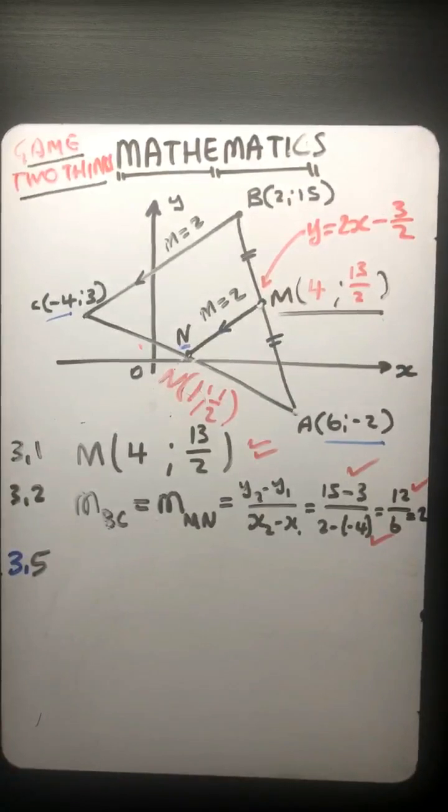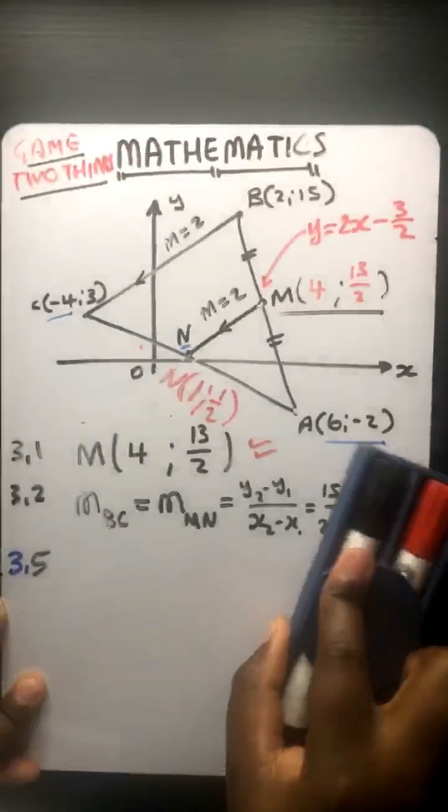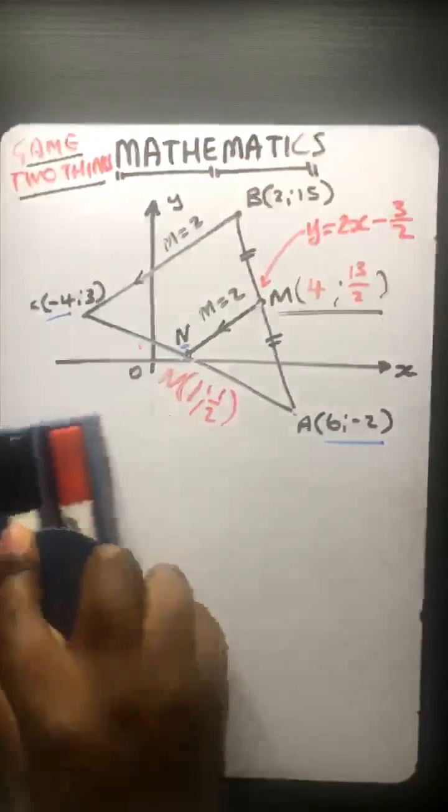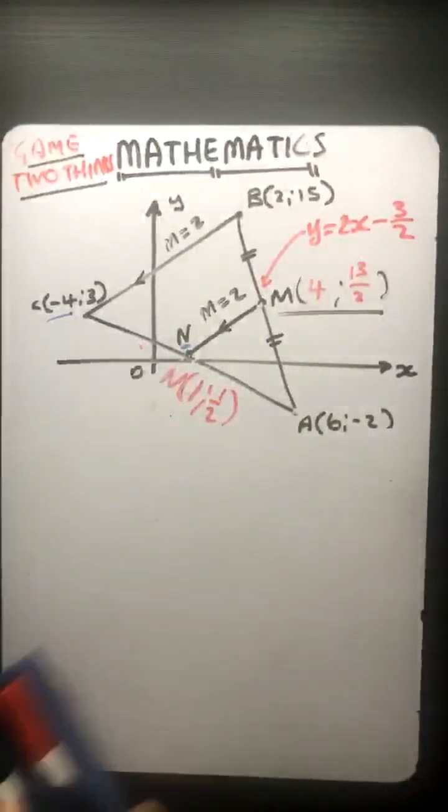But anyway, let's see. The last question says, if A, B, C, and D in that order is a parallelogram, determine the coordinates of D. So can you see now? A new party has just been formed and is being introduced to the parliament.